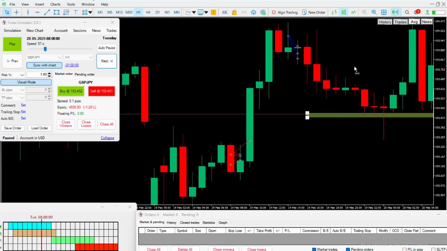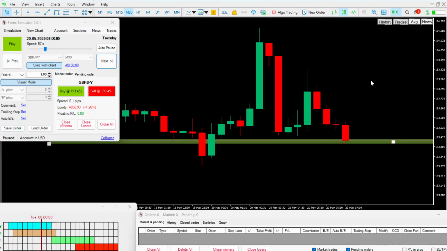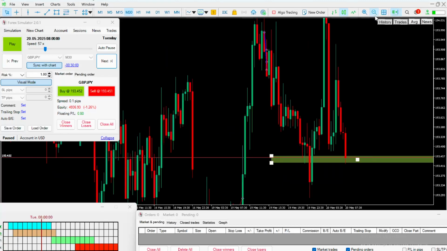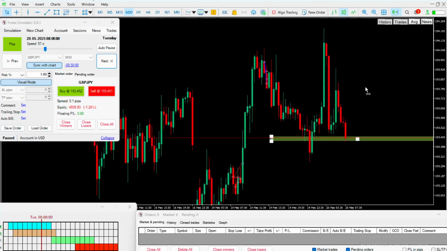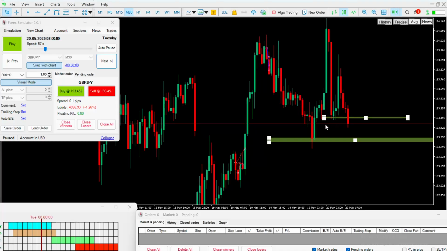Let's see how it will react to this. 30 minutes. So let's move this here. So we see a support here that was broken for it to go up. It's broken down. This space is too small for it to take a trade.